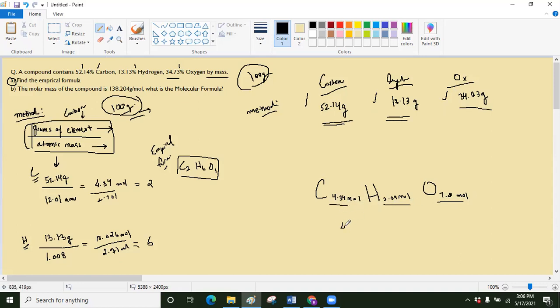This is basically just a ratio, right? 4.34 moles for carbon atoms, and then 2.34 moles of hydrogen atoms, and then oxygen is let's say 7.8 moles, right?